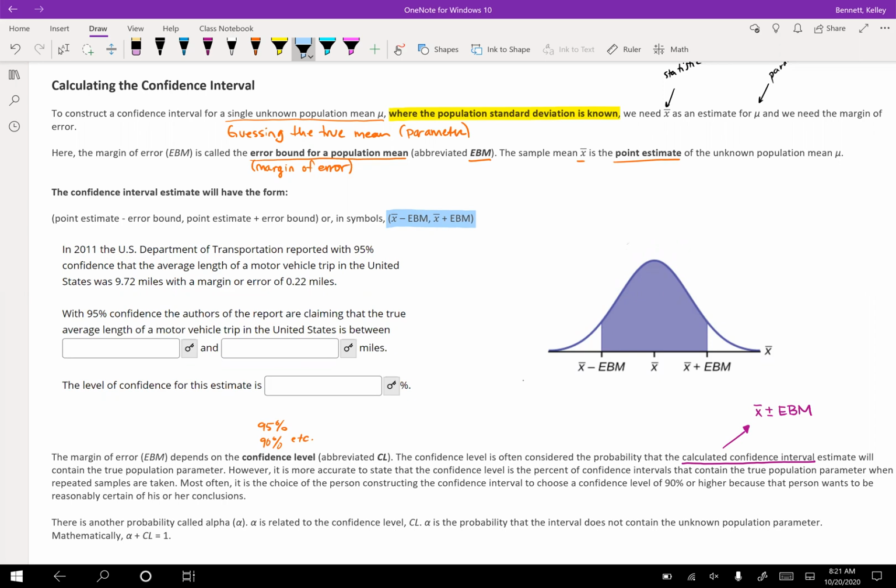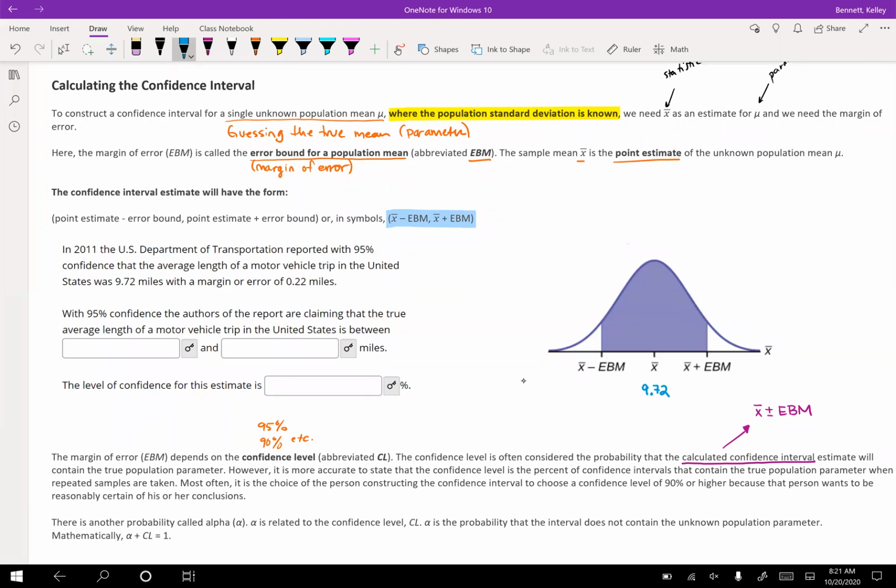So what you're doing in this example is starting with your point estimate. It's given that the point estimate was 9.72, and the margin of error was 0.22.